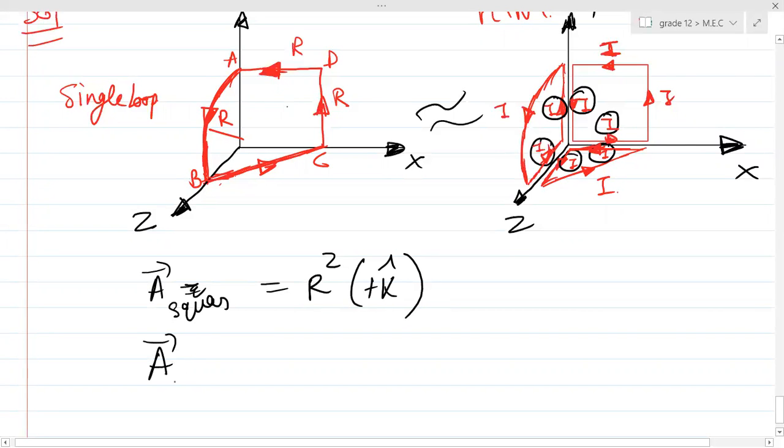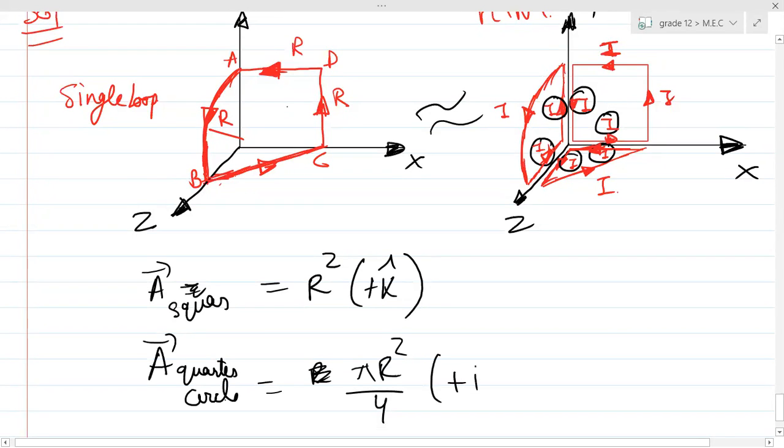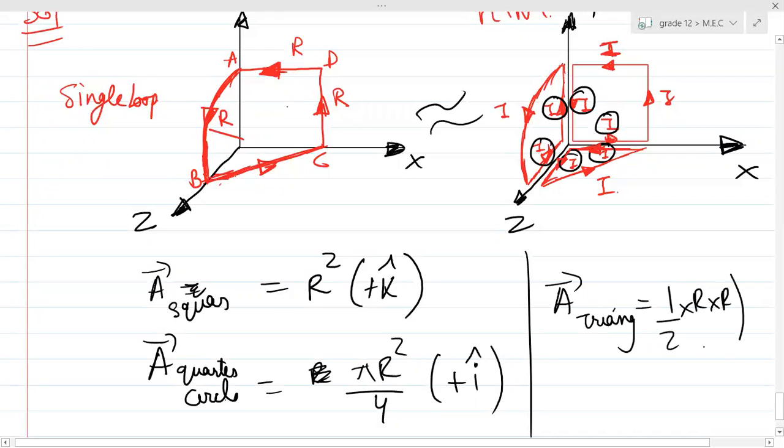Area vector of quarter circle. Are you getting my point, guys?